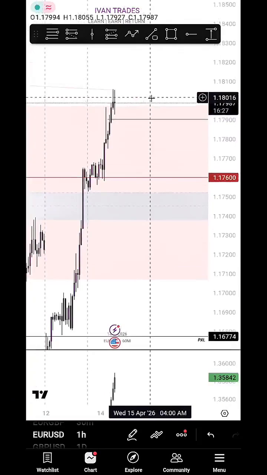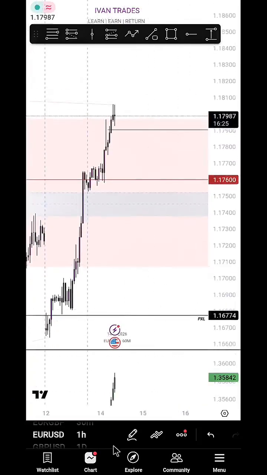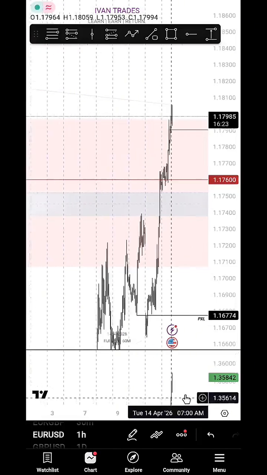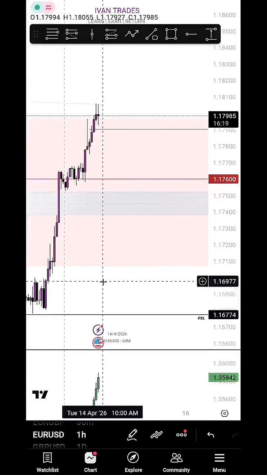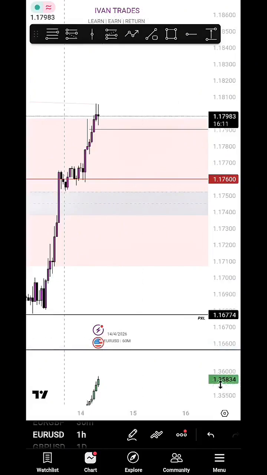So what I'm expecting is the potential high formation for a retracement back into the range on the Euro USD.